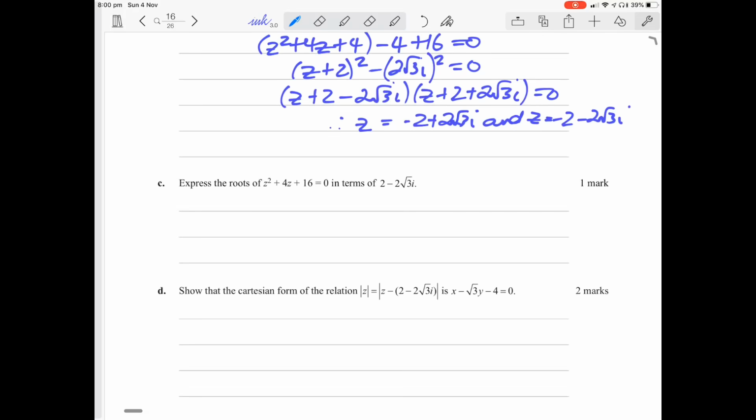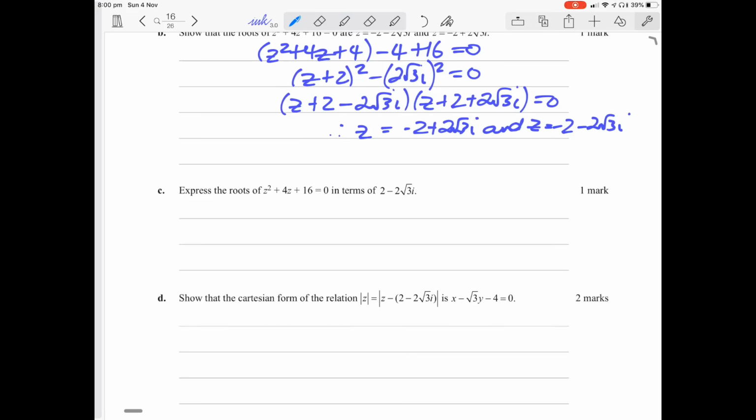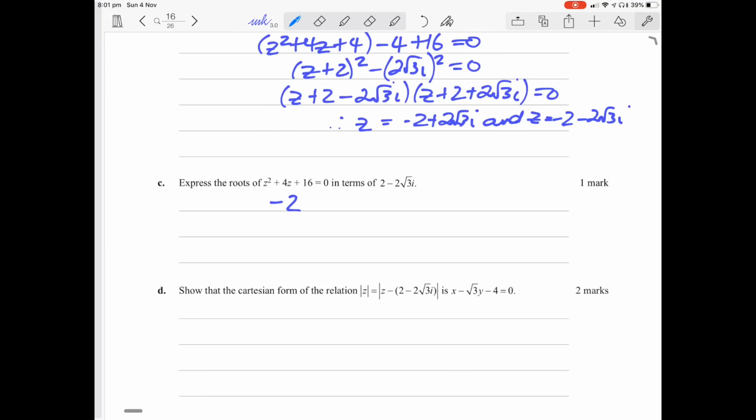Okay, express the roots of z squared plus 4z plus 16 in terms of that. That's a bit weird. Okay, so minus 2 plus 2 root 3 I, and then minus 2 plus 2 root 3 I. There are two things in terms of that.